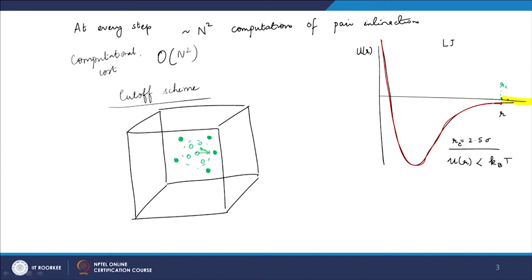Beyond RC I would think it is going to 0. That means U of R is equal to that given by the Lennard-Jones for R less than RC, and it is 0 for R greater than or equal to RC.